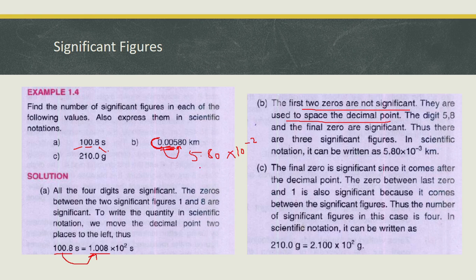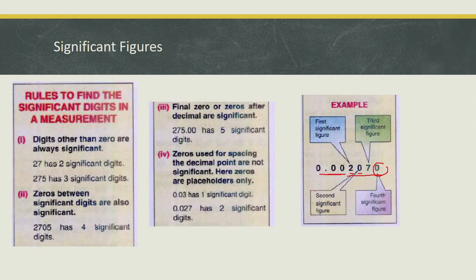We already know how we can convert a number into scientific notation. We already studied it in the previous lectures. So as a 3 digit number is multiplied with this power of 10, it has 3 significant figures. Now 210.0, the final zero is significant since it comes after the decimal point. So if we see this point, final zeros or zeros after the decimal are significant.